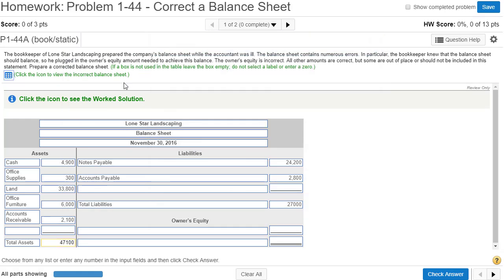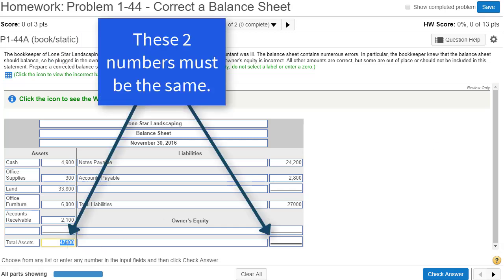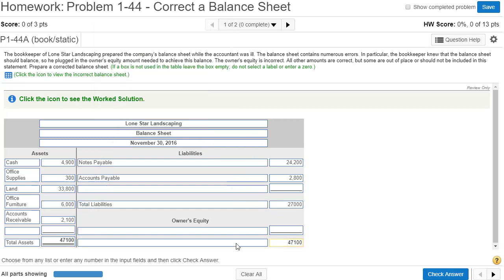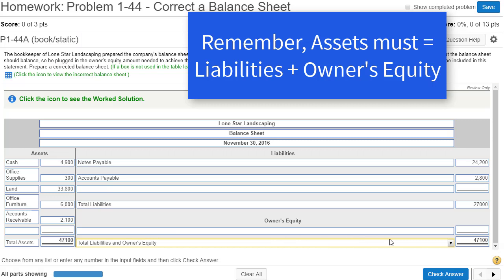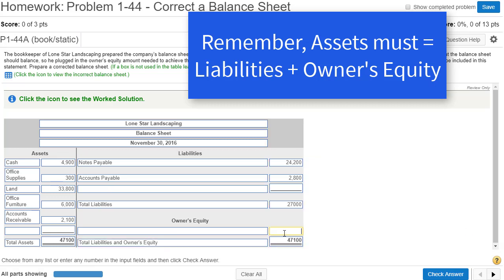So we're going to ignore that number because up here it says he just plugged that number in to make it balance. So since it doesn't give us the correct capital amount, we do know that this 47,100 has to be the total over here. So this would be total liabilities and owner's equity. So now we can plug in this number.